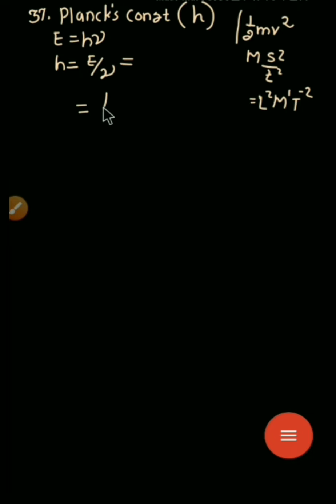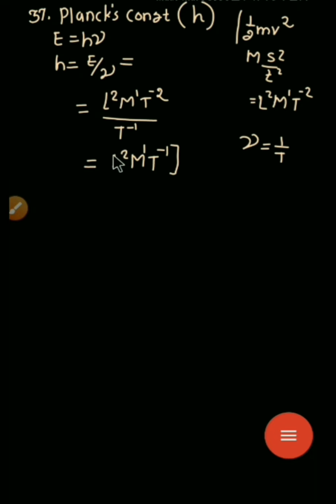Frequency is 1 upon t, which means the dimension of frequency is T inverse, so we write T minus 1. So finally the dimension of Planck's constant is L square M1 T minus 1. When it goes up, it becomes plus, so this is minus 1.